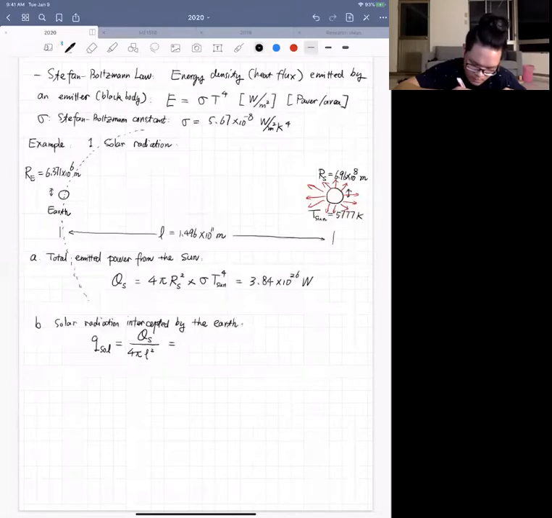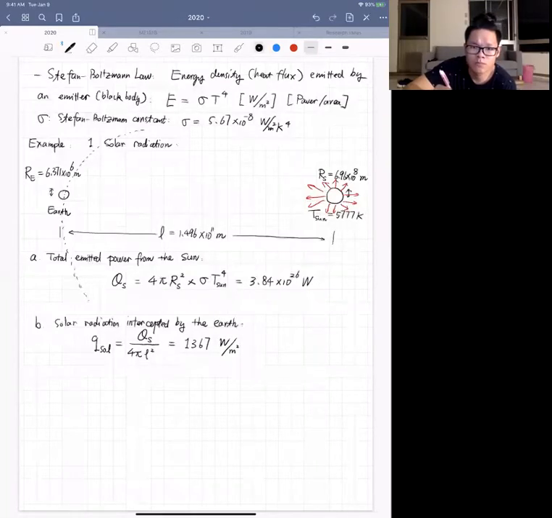Because L is very large, this will dilute the power down by a very large factor. So what you get is about 1,364 watt per meter square.